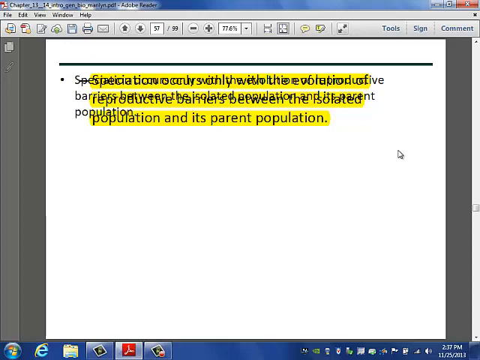It didn't print that way? Not on mine. What's it say? Speciation occurs only with the evolution of reproductive barriers.